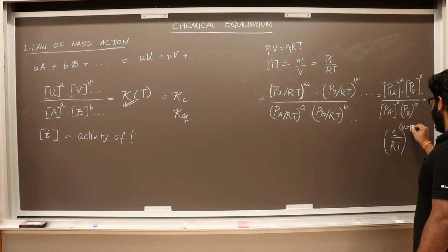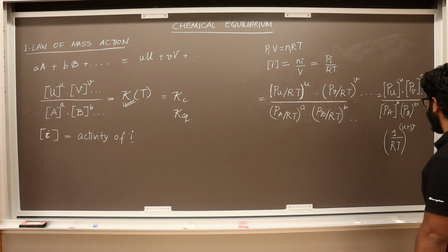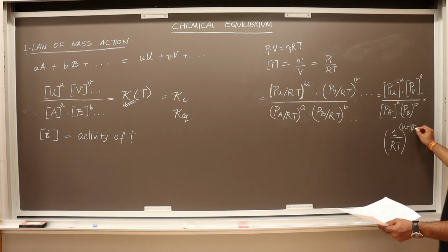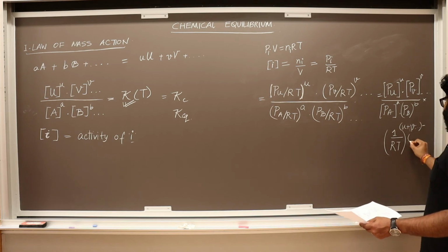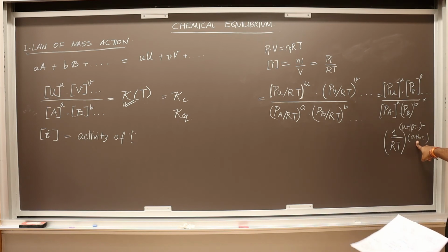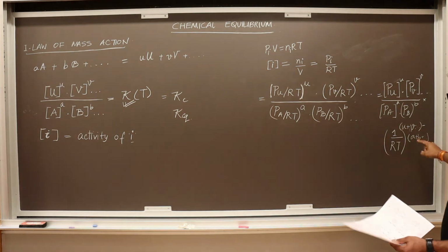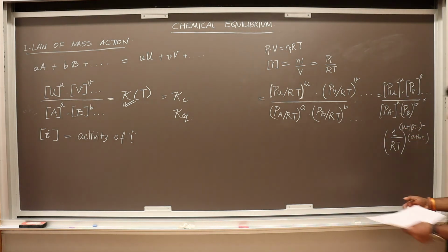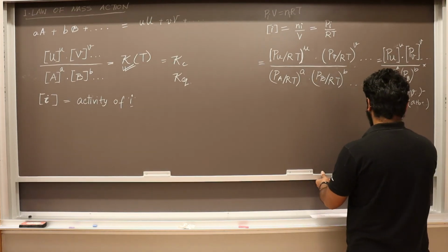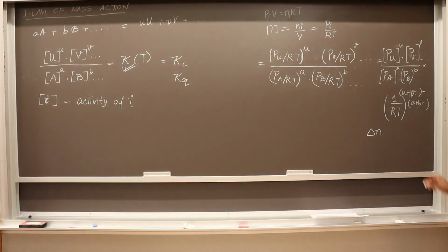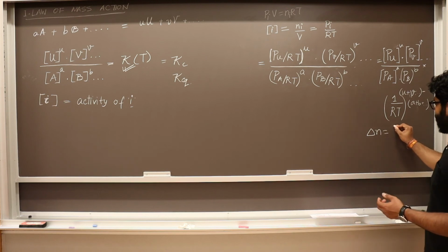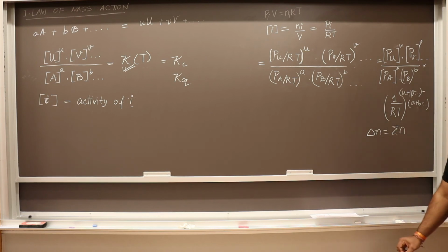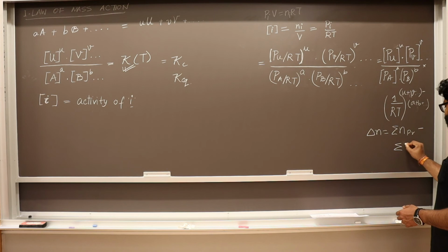So basically, this is the sum of the stoichiometric coefficients of the gases on the product side minus the sum of the moles of the gases on the reactant side. This term is represented as delta N. So what is delta N? Delta N is the summation of the number of moles of gases on the product side minus the summation of the number of moles of gases on the reactant side, right?